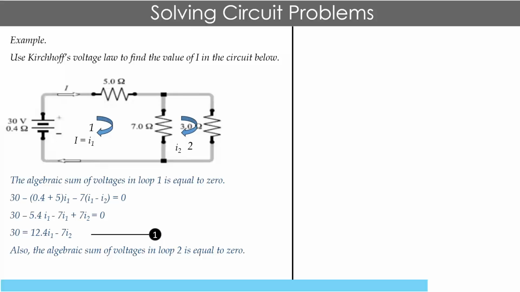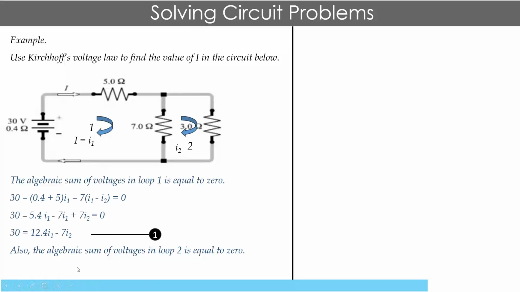The same way we took the convention, 7 into bracket I1 minus I2 is the voltage drop across the 7 ohm resistor. We still maintain that convention here. So we have that the voltage drop across this loop would be 7(I1 minus I2), which is equal to I2 times 3.